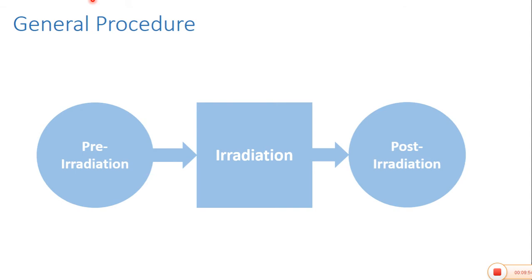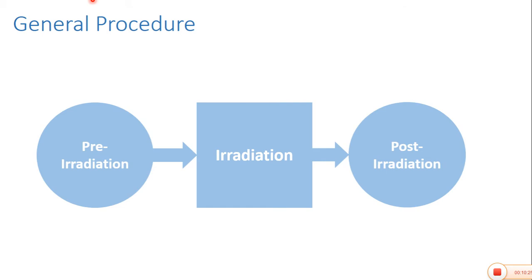In other words, the post-irradiation process mainly consists of chemical separation. And if you would like to separate more than one element in order to measure them separately, this process is also very important. But one should be careful in this process, because during this process exposure to radiation is very high.